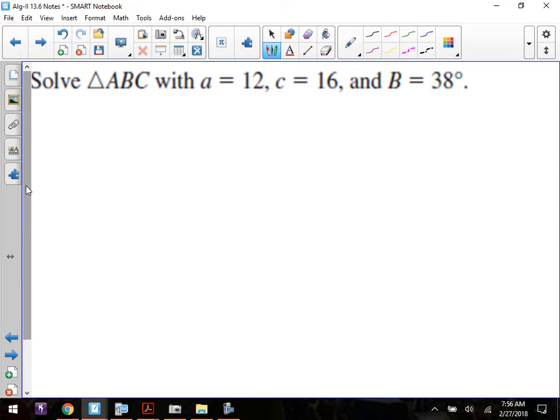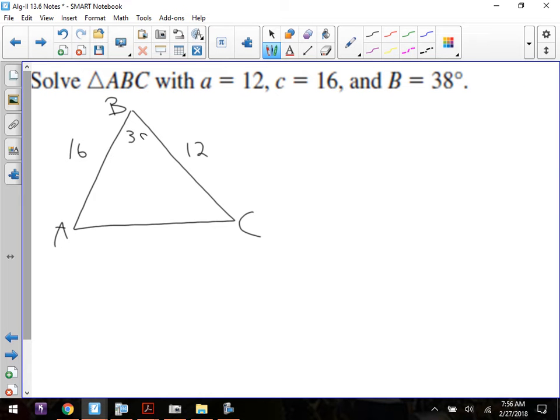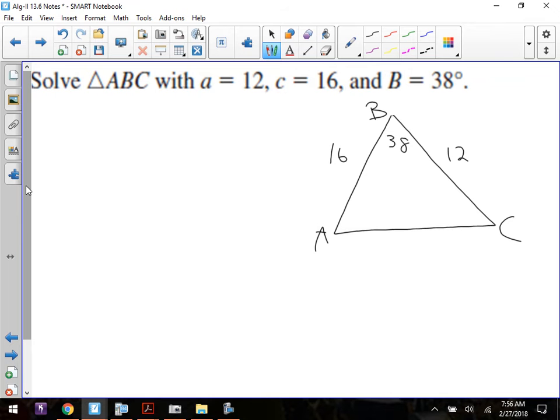I want to draw a picture right away. Little a is 12, little c is 16, and angle B is 38.